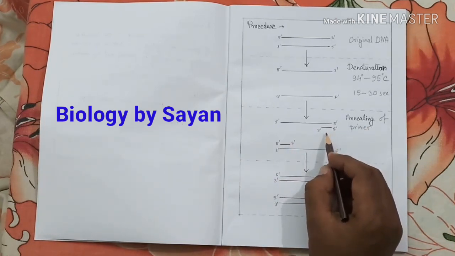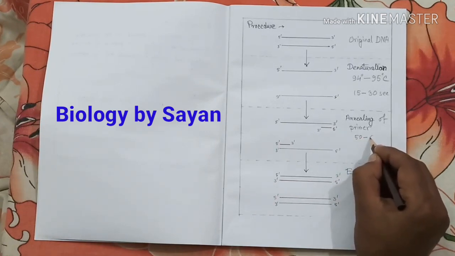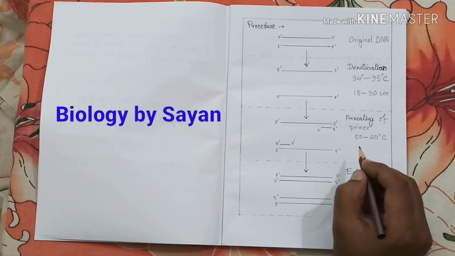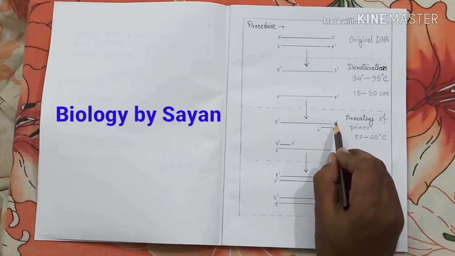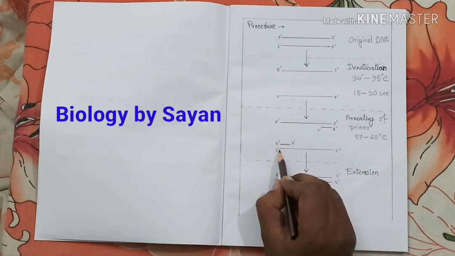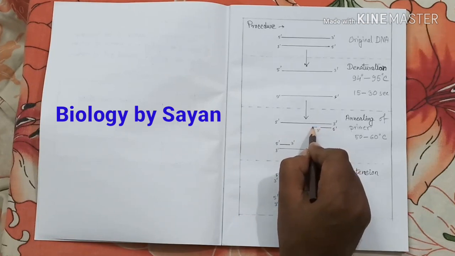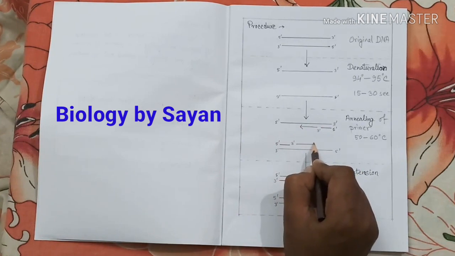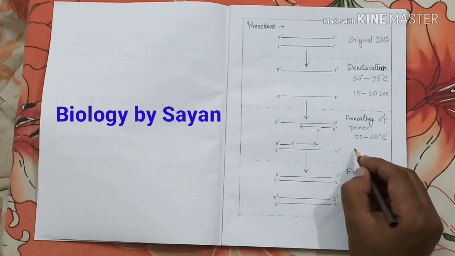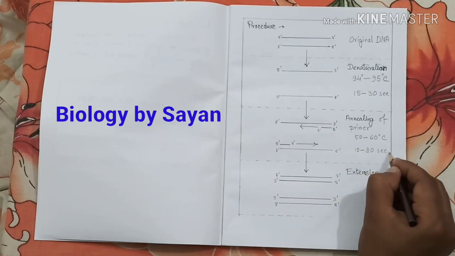For attachment of primers we have to attain a temperature around 50 to 60 degrees Celsius, and always remember the primer will get attached at the 3' end of the existing single stranded DNA, and holding the 3' hydroxyl end, Taq polymerase will extend the primer in this direction. We have to keep the entire solution for the next 10 to 30 seconds.